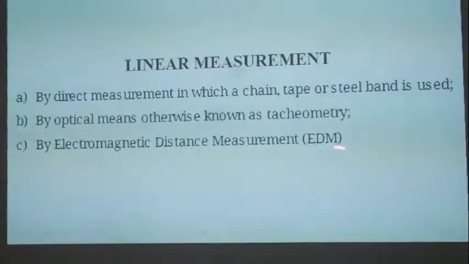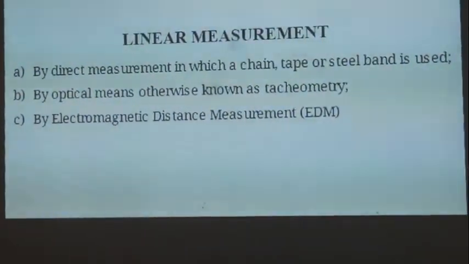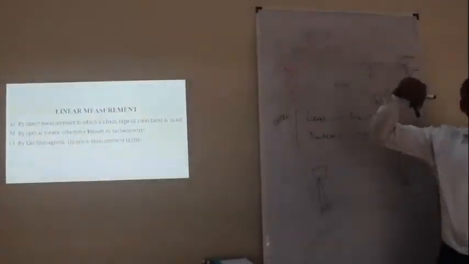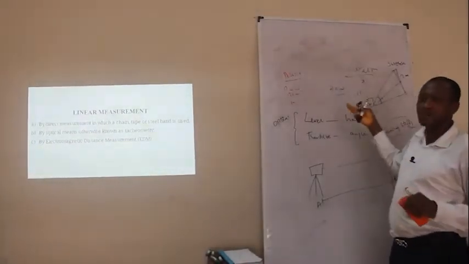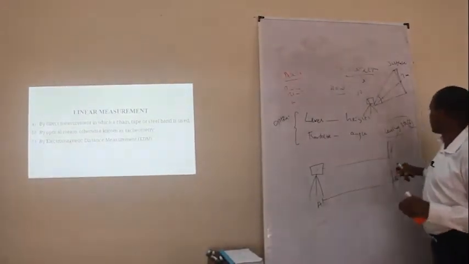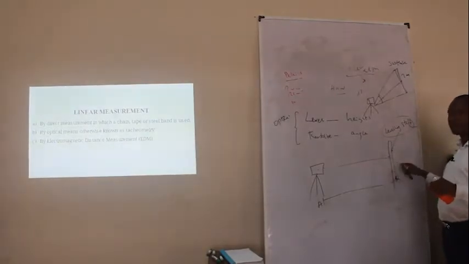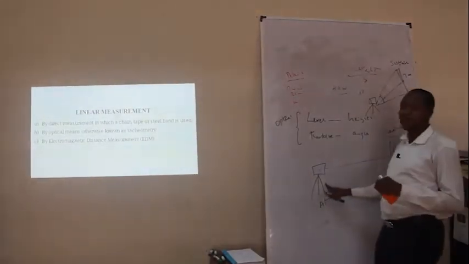Another one is electromagnetic distance measurement, EDM, not your EDM here. This is attached to your theodolite, and it has a reflector at the other end where your assistant is, or what we call the slave, and here at this end is the master.